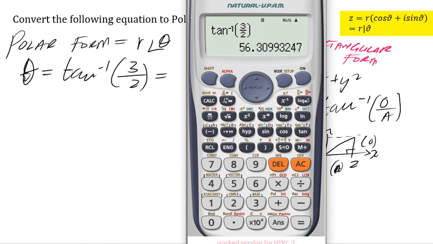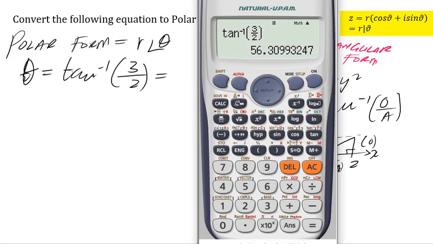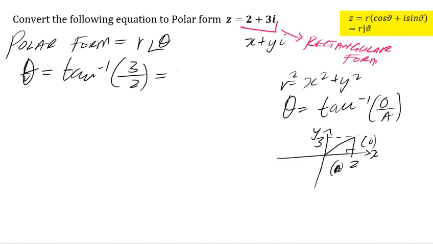You're going to get 56.31. So theta is equal to 56.31 degrees.